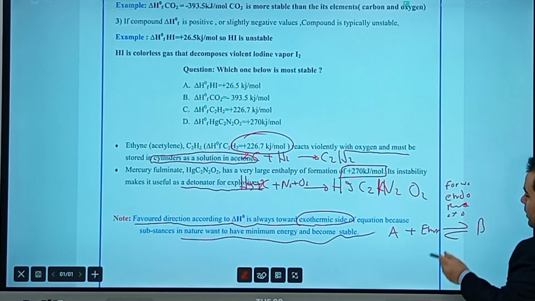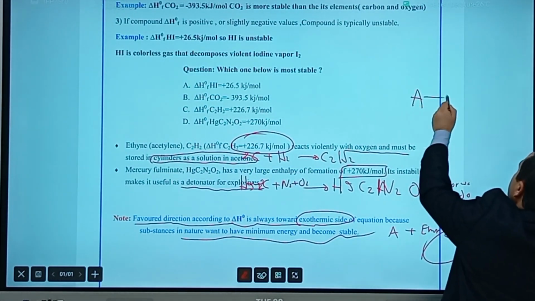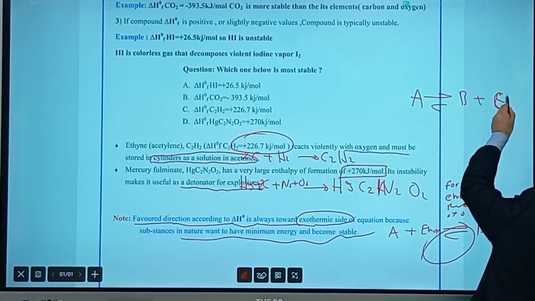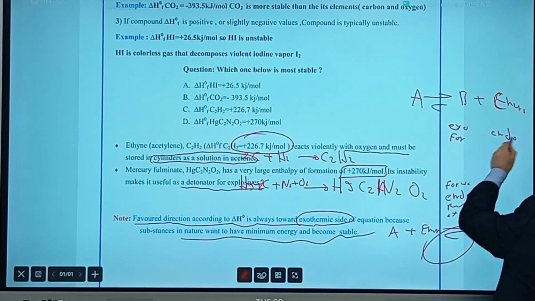So in this reaction, which direction is favored? The reverse is exo and reverse is favored. How about another example? A goes to B plus energy. So this is exo for the forward and endo for the reverse.